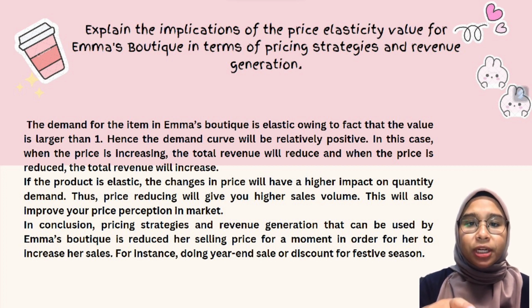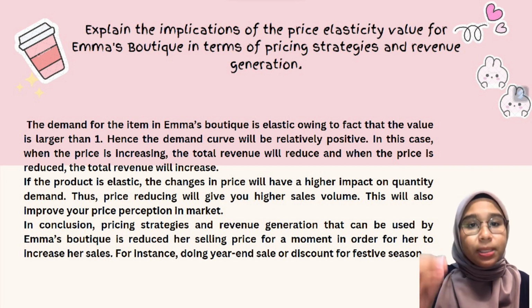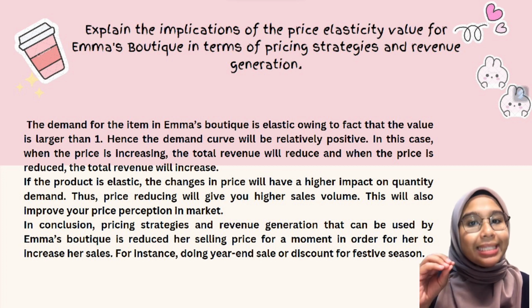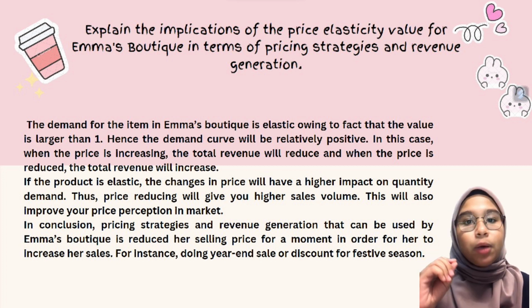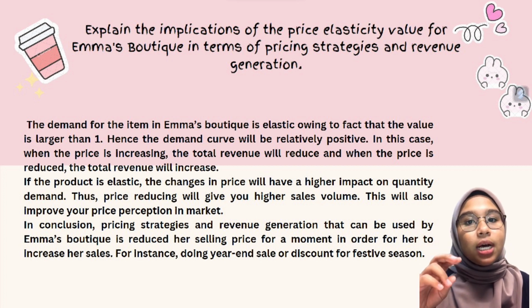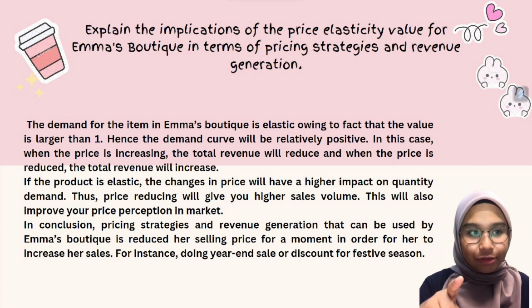In a simple way, when the price is increasing, the total revenue will decrease, and vice versa. When you decrease the price, your sales or your total revenue will increase.